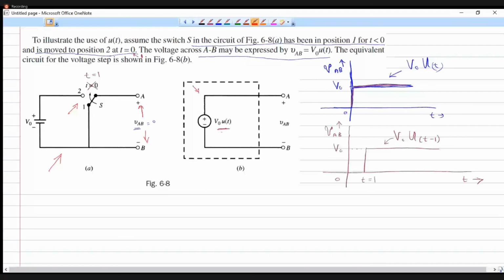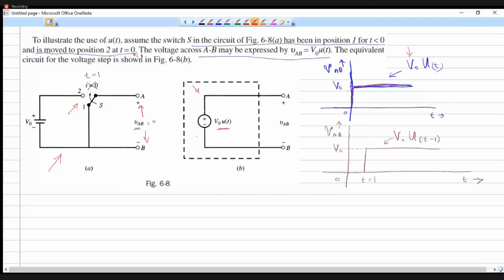This model could be represented by a voltage source equal to V naught times u of t. Like I said, we can multiply this unit step function with a constant amplitude so that it will have an amplitude equal to V naught.